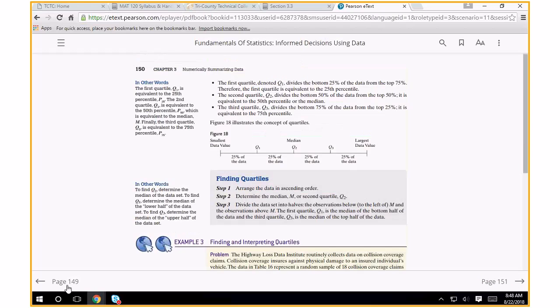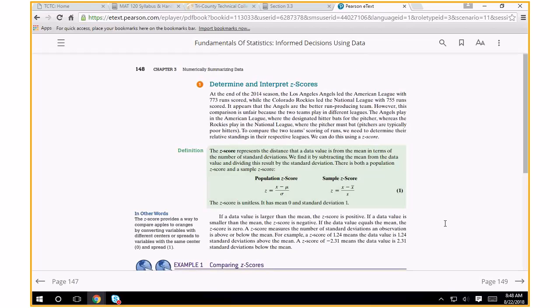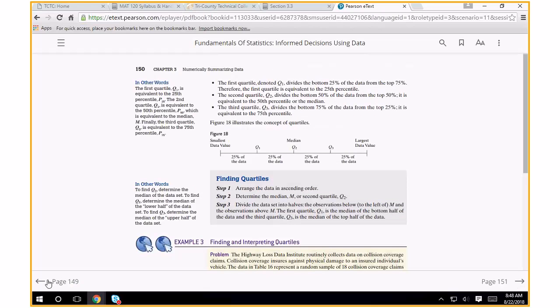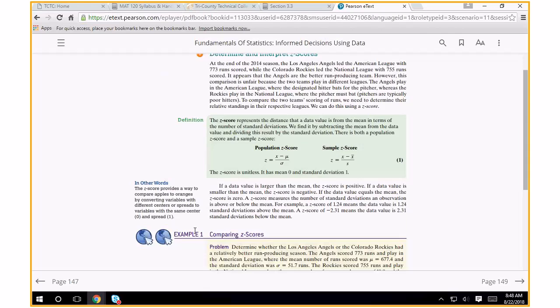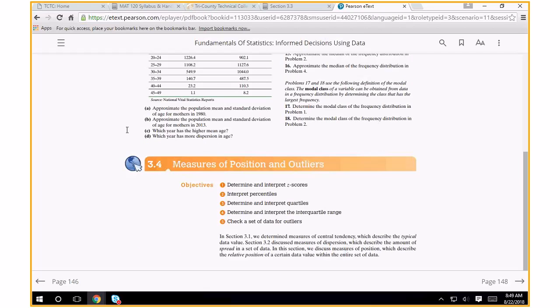I guess 10 or 11 pages. Somebody tell me what page 3.4 starts on. 147. Okay, 146. So however many pages that was, 139, 7 pages. So you print those back to back, that's 3.5 pages. See what I'm saying?